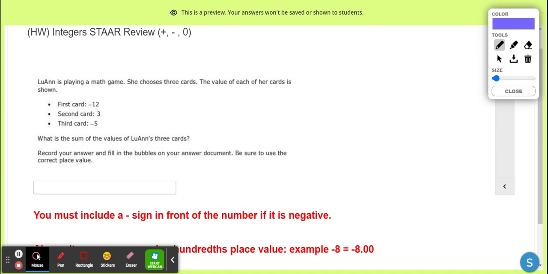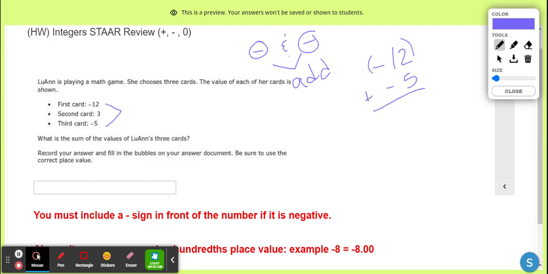Add same sign: negatives and negatives, you can add them. So -12, -5. We're going to add these two, so it's -17.